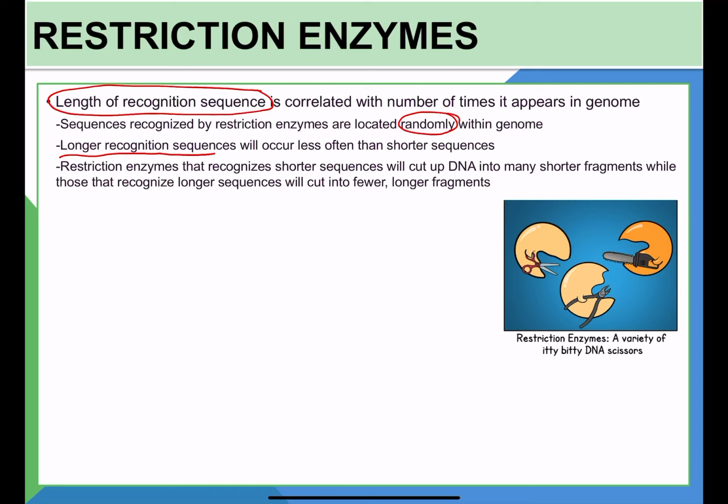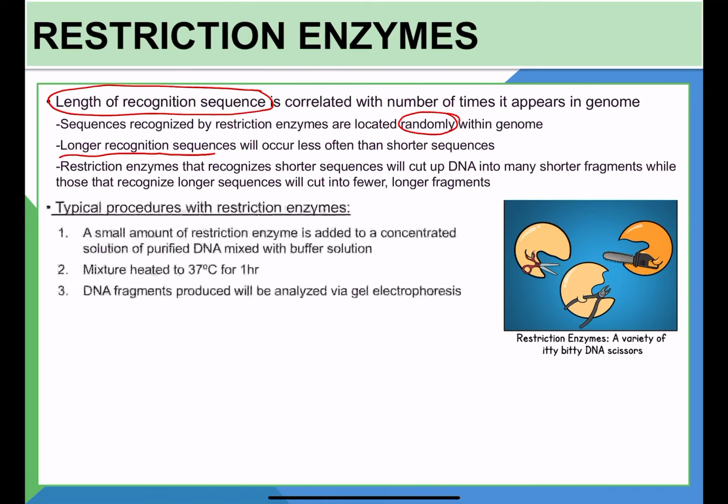Longer restriction sites will give you fewer DNA fragments as a result. And in some cases, we do want longer fragments, whereas in other cases, we may want shorter fragments. So depending on the application and the purpose of cutting up the DNA, we will use either restriction enzymes that recognize longer restriction sites, or restriction enzymes that recognize shorter restriction sites.